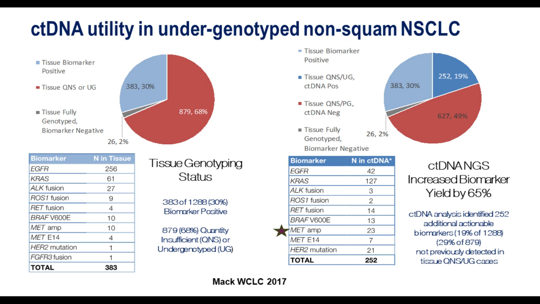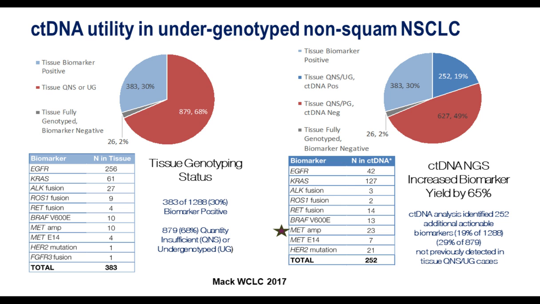Let me show you an example of what type of information you can derive from liquid biopsy testing with a next-generation sequencing targeted panel. This is a cohort of almost 1,300 cases of non-squamous non-small cell lung cancer. These cases were tested first on tissue, and tissue testing revealed the presence of driver genetic alterations in approximately 30% of the cases.